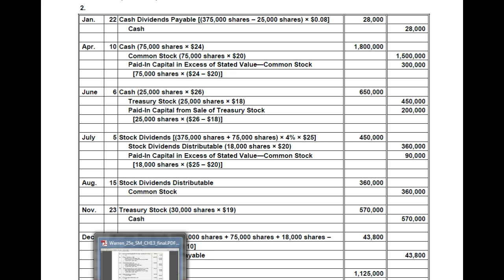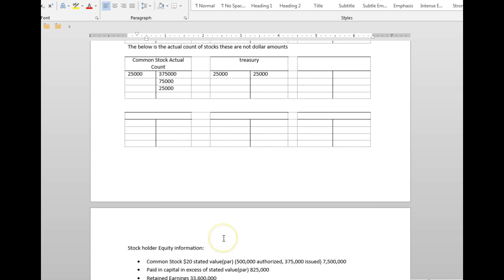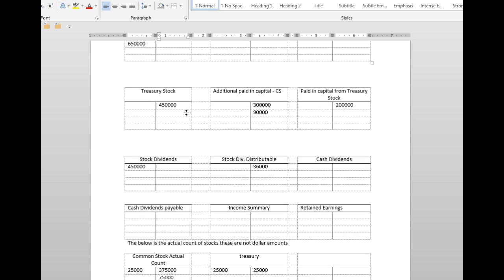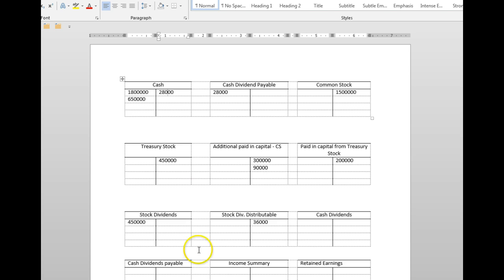What does that look like on T accounts up here? Well, here's my payable, and it's been debited, and here's my cash credit. So those two are good. Nothing else changes at this point.